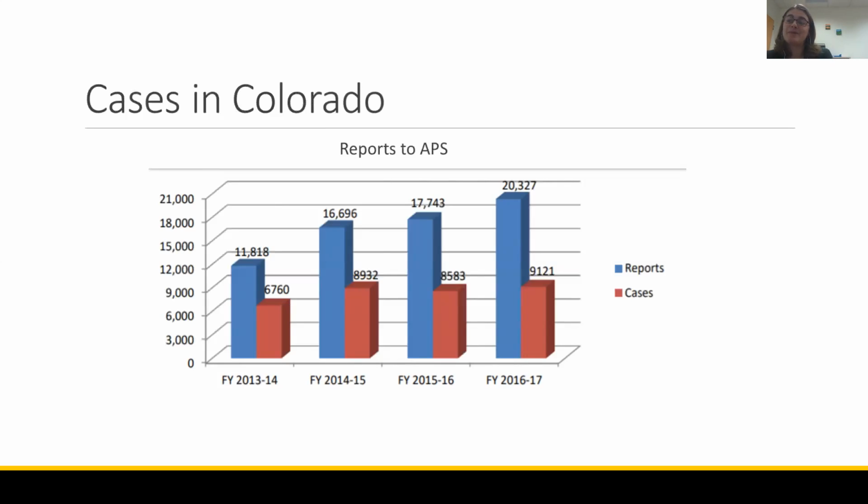So I think that number is probably closer to the 20,000 than the 9,000, but that's the scope of what they do. Interestingly, if you look at child abuse, those numbers are about the same in Colorado. So if you're thinking about these problems similarly, they're pretty equal in terms of numbers, at least.